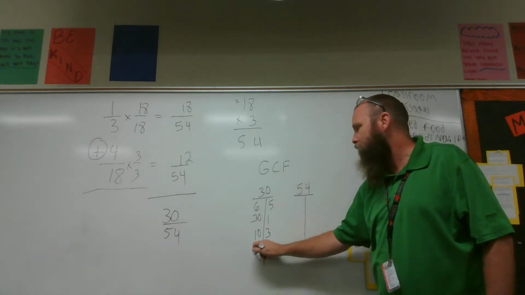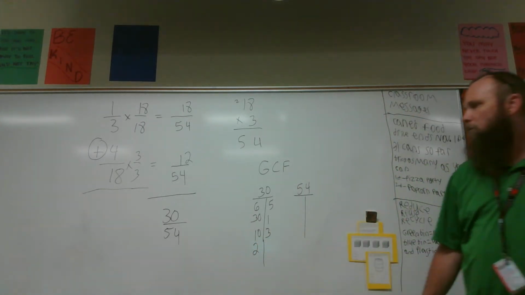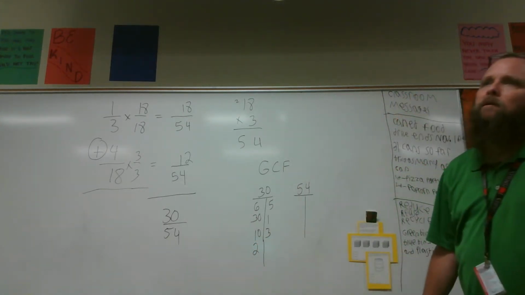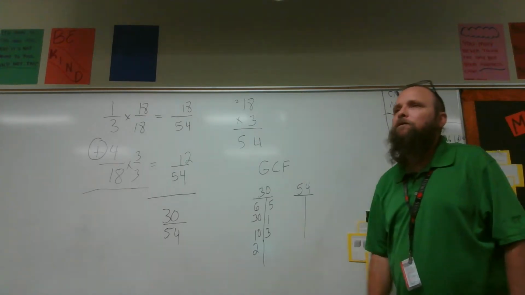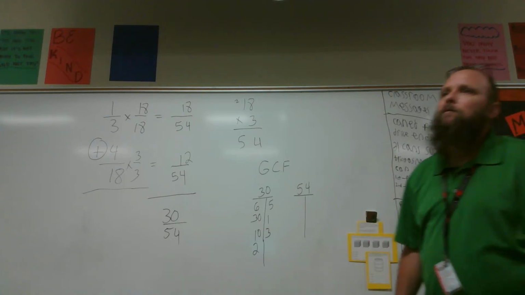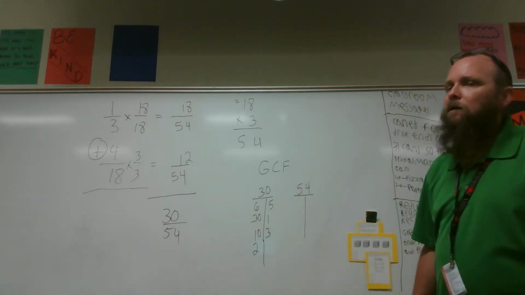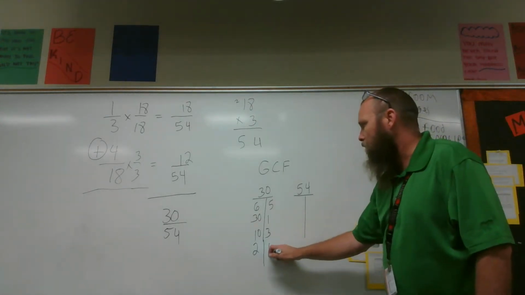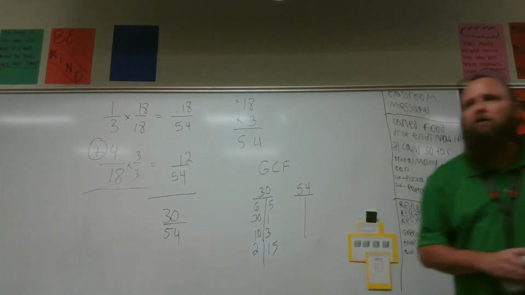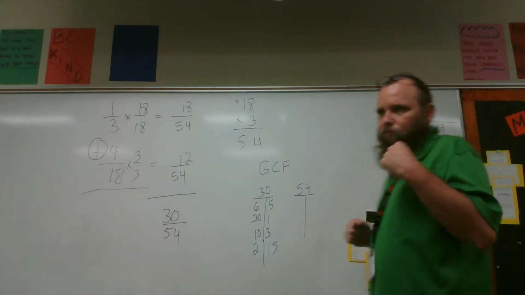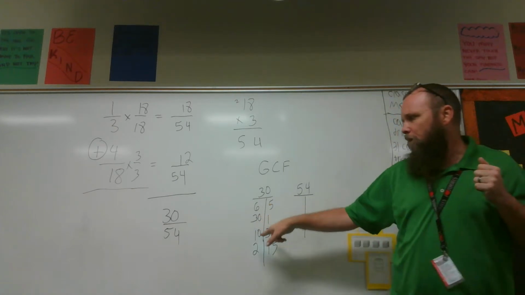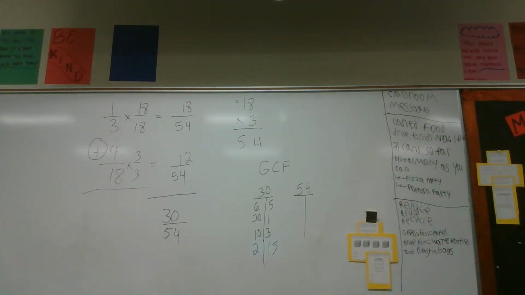Every even number has 2 as a factor. 15. Awesome, 15 and 2. So those are all the factors of 30, every factor pair of 30, the pairs that multiply together to equal 30.